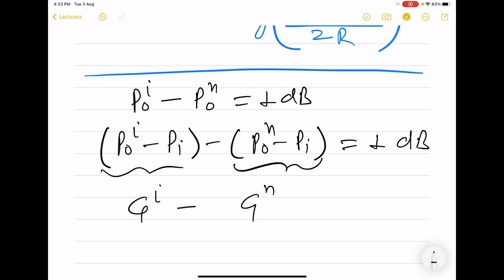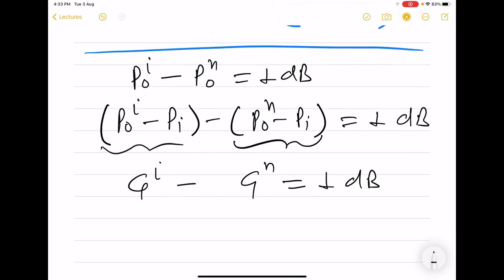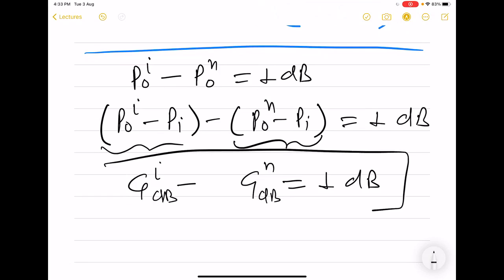So another equation that can be used to find the 1 dB gain compression point is: ideal gain in dB minus non-ideal gain in dB equal to 1 dB. This will also give rise to the same input power.